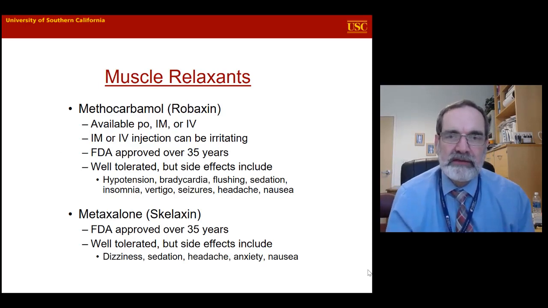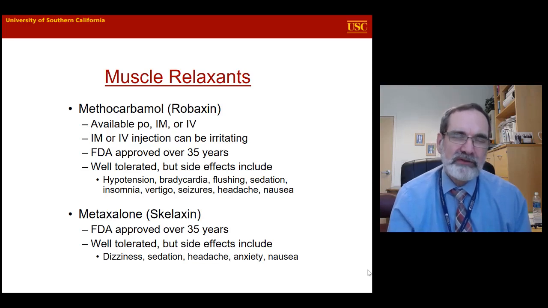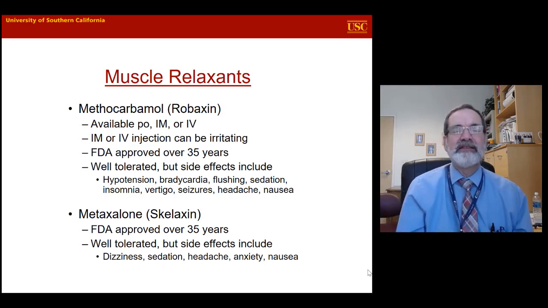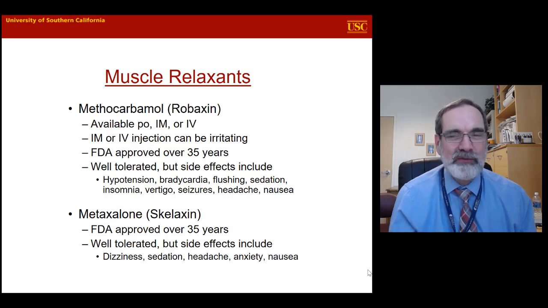Methocarbamol, or Robaxin, is the only muscle relaxant that's available IM or IV. Well, almost the only. Dantrolene, which we're really not discussing today, is kind of a different story. It is an old drug, been around a long time, generally well tolerated, but there are side effects that can occur.